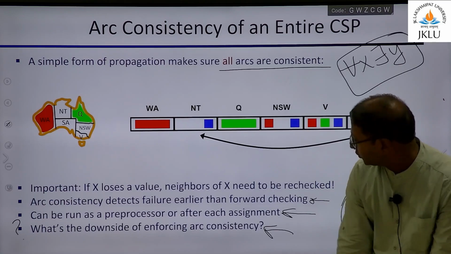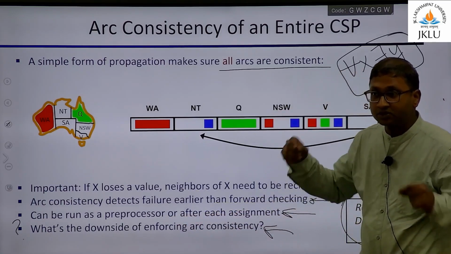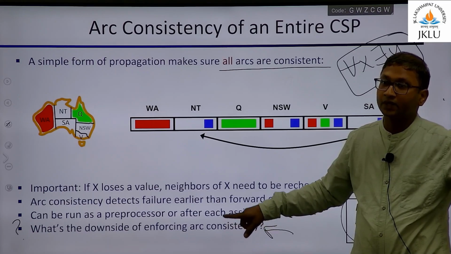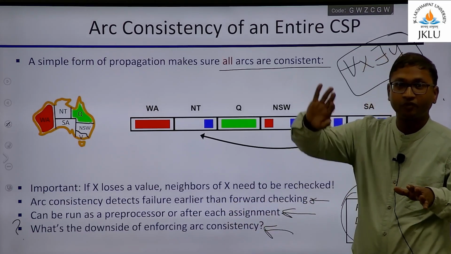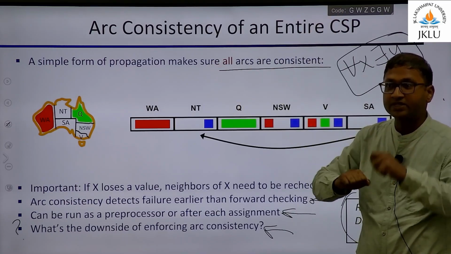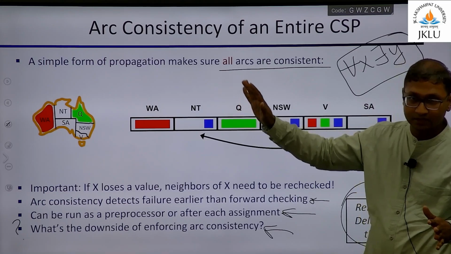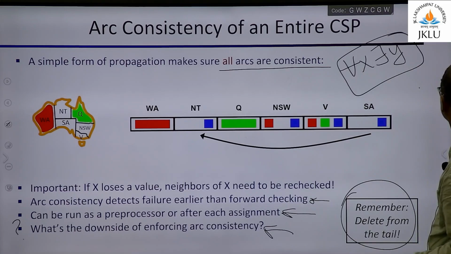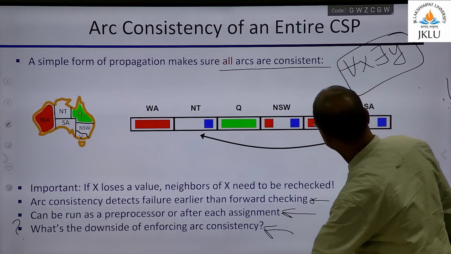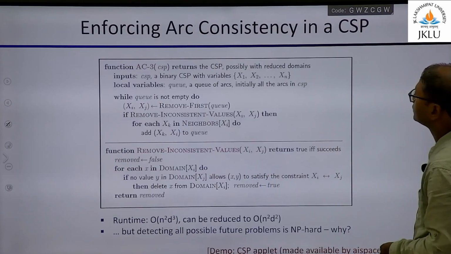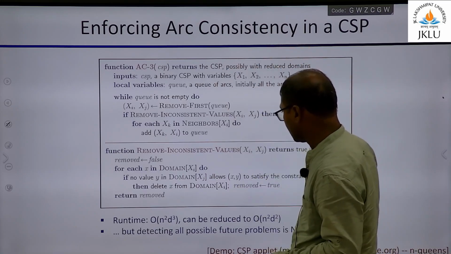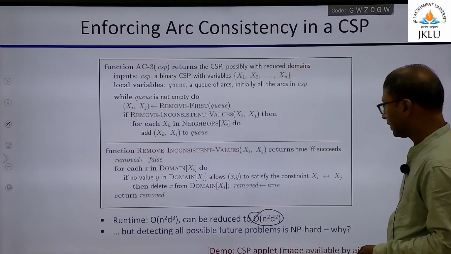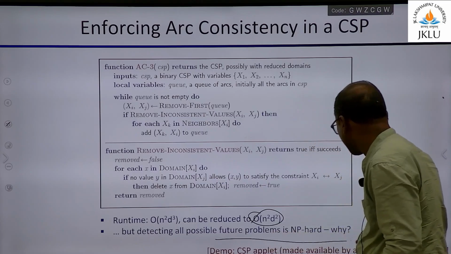You are doing it after each assignment. Every time you assign a color, you will run this order n square d square. Whatever you assign, go and check for arc consistency. So that's a heavy operation. Okay, so this is runtime roughly n square d square. But detecting all possible future problems is NP hard.